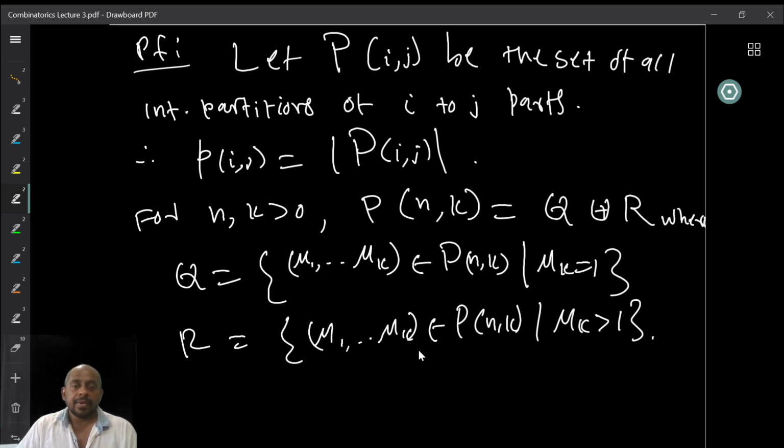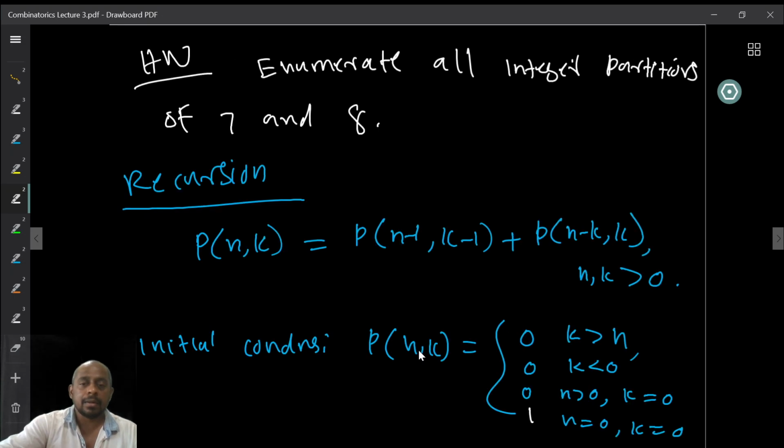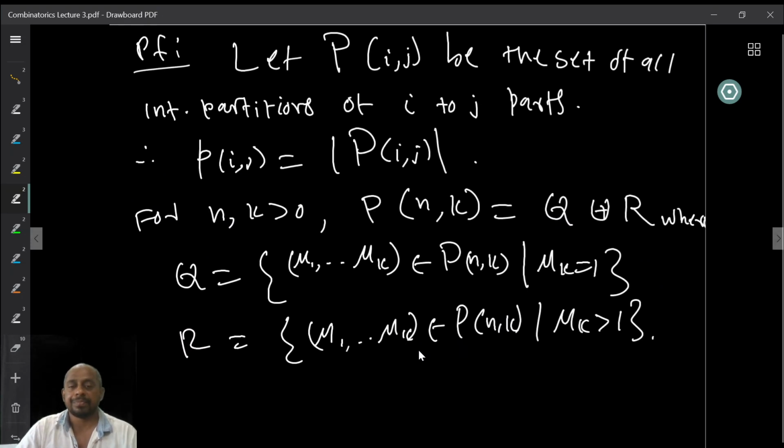Now, we want to find a bijection from Q to the set of all partitions in P(n-1,k-1). That is easy. You take the partition mu_1 to mu_k, where mu_k is equal to 1, and you just remove mu_k.